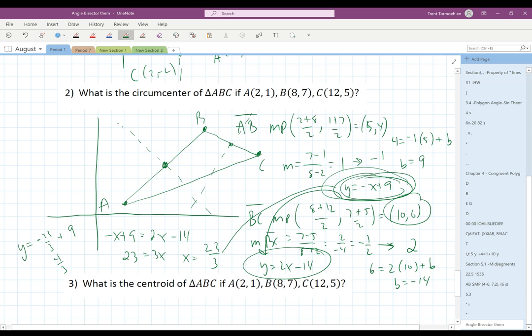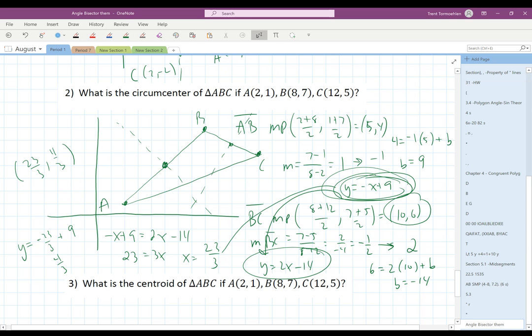So negative 23 over 3 plus 9 equals 4/3. That is the y-coordinate when the x-coordinate is 23/3. And so the coordinates of the circumcenter are 23/3, comma 4/3.